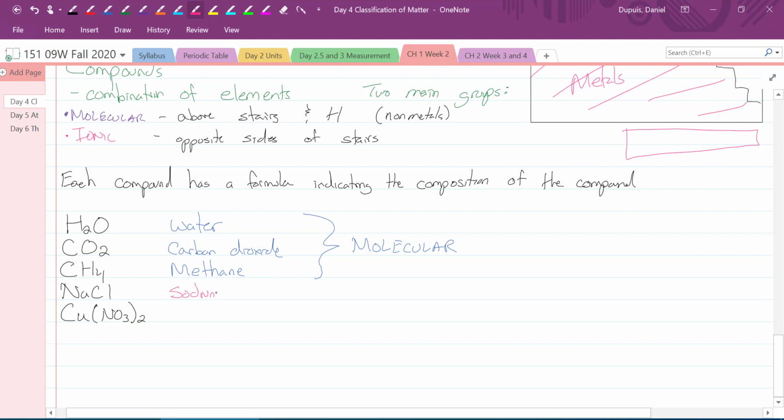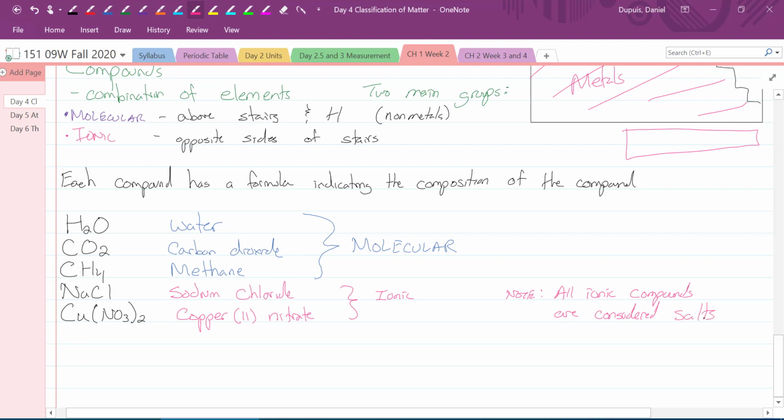Sodium chloride, and then you have copper(II) nitrate. And these are going to be ionic. First of all, I want you to notice something. Note: all ionic compounds are considered salts.